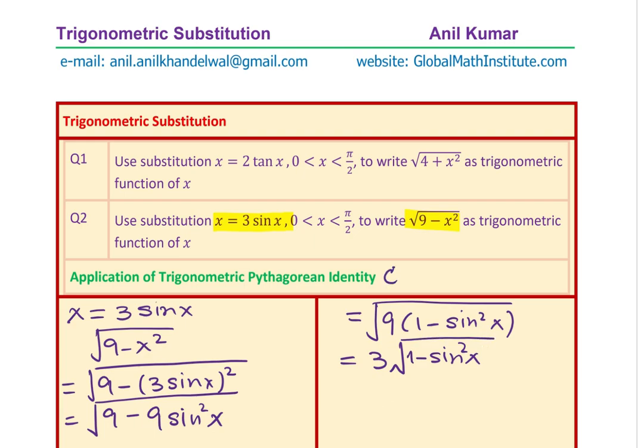Pythagorean identity related is cos square x plus sin square x is equal to 1. And therefore, 1 minus sin square x can be written as cos square x. So within the bracket, we have cos square x, which gives us the result 3 cosine of x. You see that? So that is how we can actually do these questions.